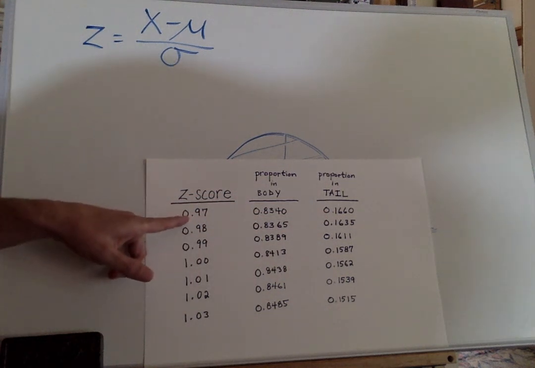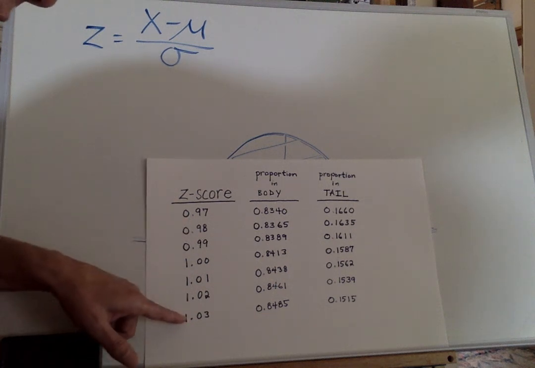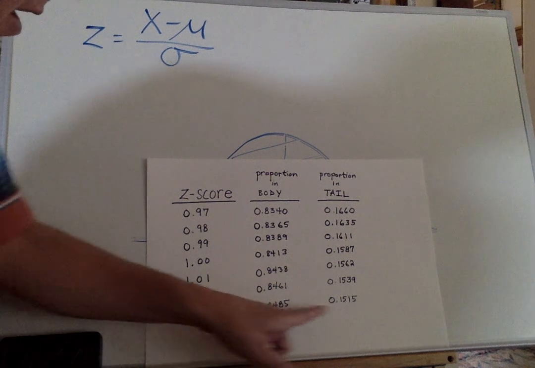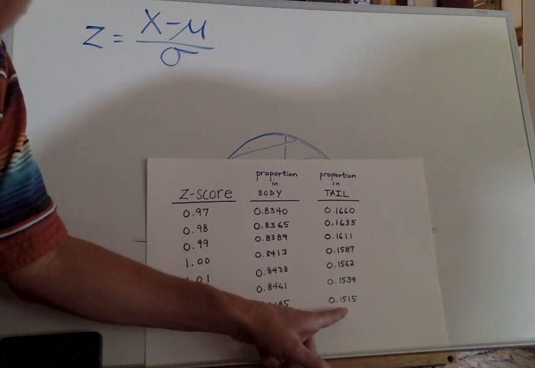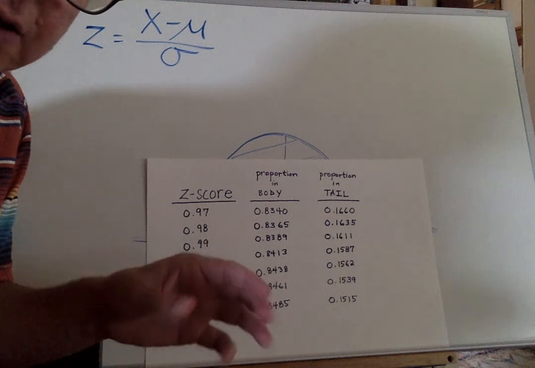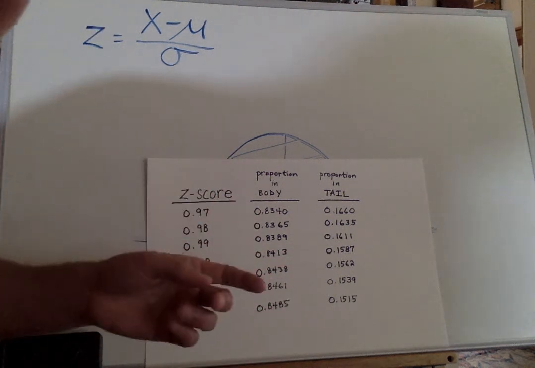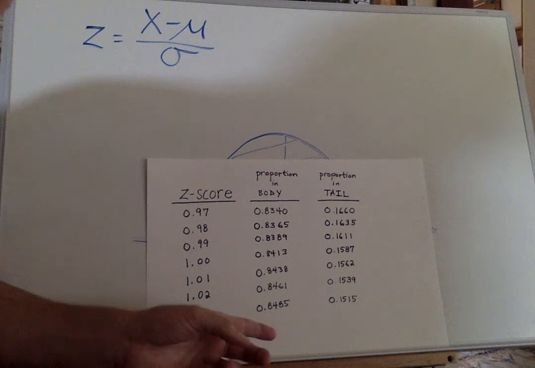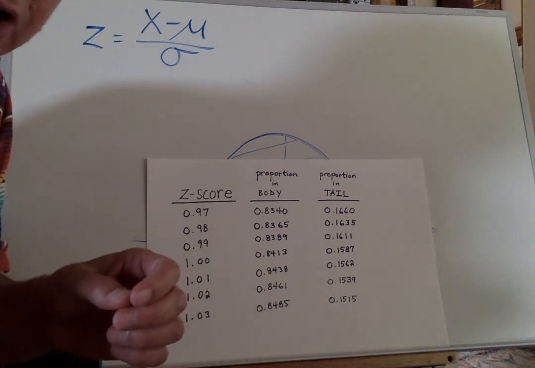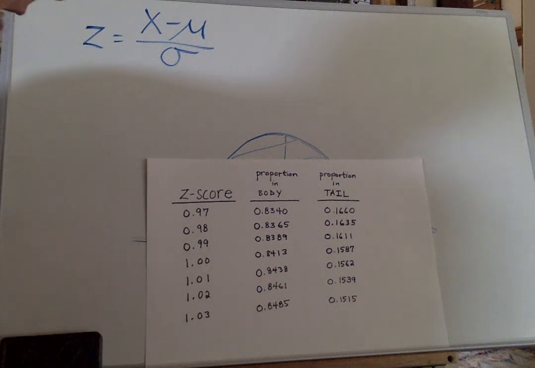For a z-score of 1.03, this is the proportion in the body, this is the proportion in the tail. Now, I'm going to typically ask you about percentages. Most z-scores are given as proportions because people know that proportion and percentage are really the same thing. It depends on where you put your decimal place.